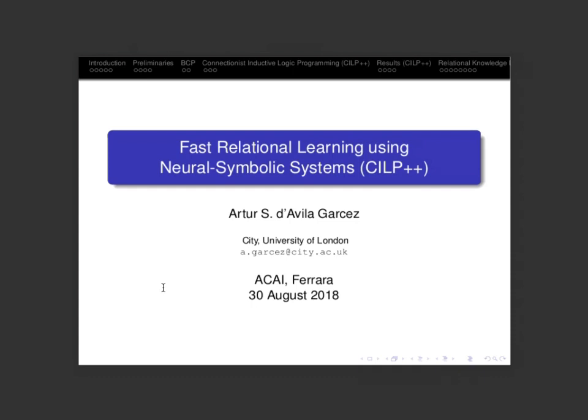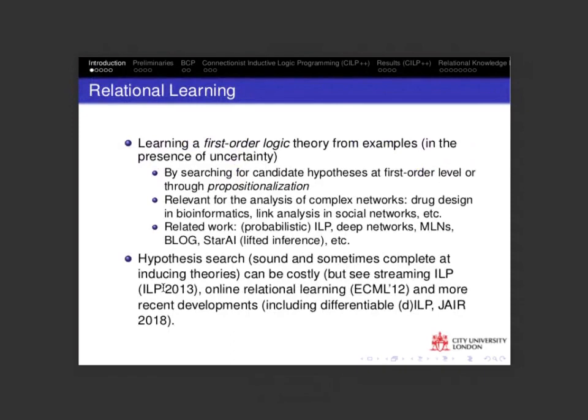Just to give you the general idea of the system, and I don't need to motivate relational learning in this community, but just to point out that whenever we propose to use neural nets in the context of relational learning, then we need to compare results with probabilistic ILP approaches, MLNs, for instance, blog, and star AI lifted inference proposals.